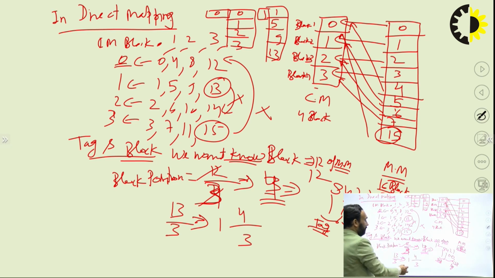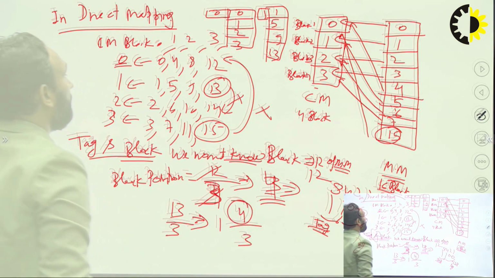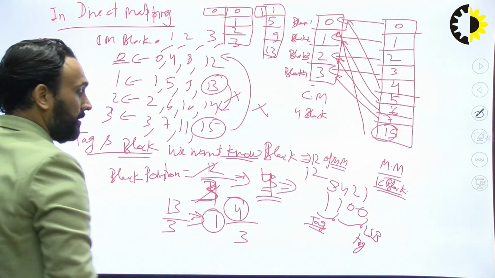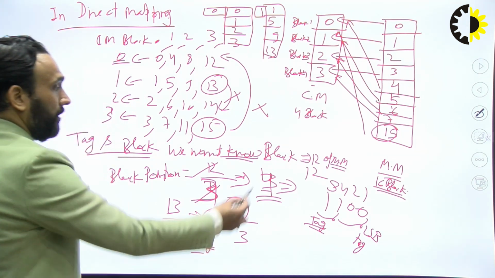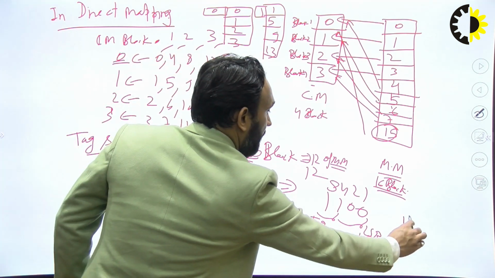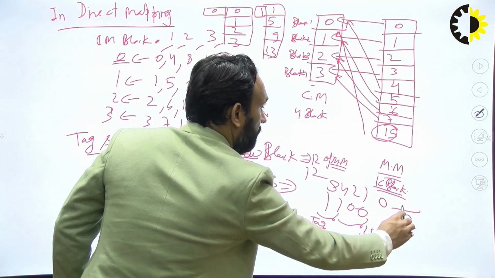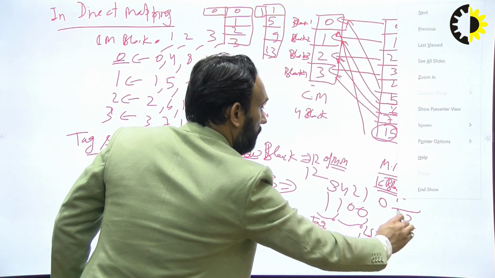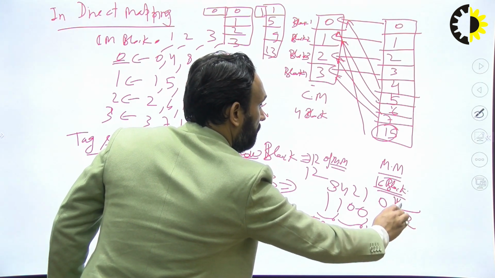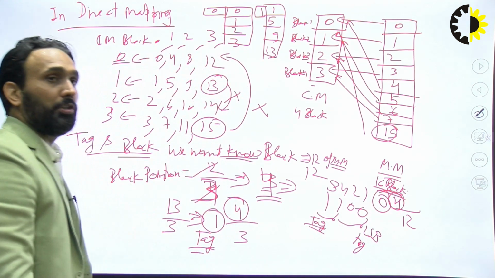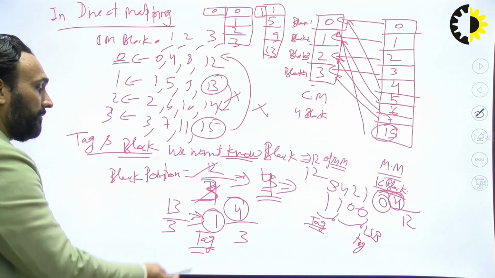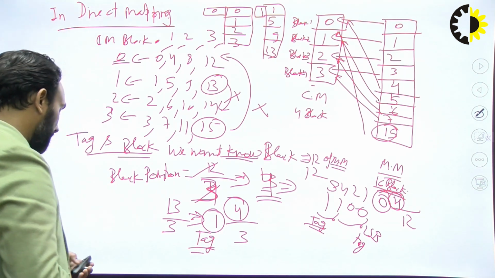So here 4 is its position and 1 is its tag number. So for 12 we write 12, 0, 4. So 0 is the tag position and 4th is the position within a tag. Likewise we do to identify any of them.